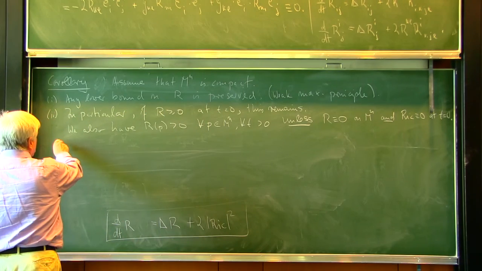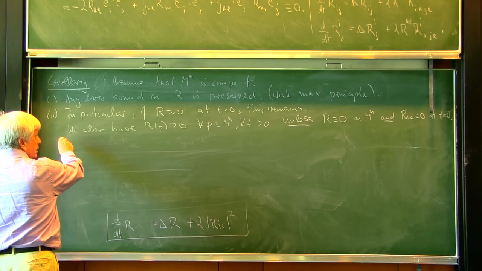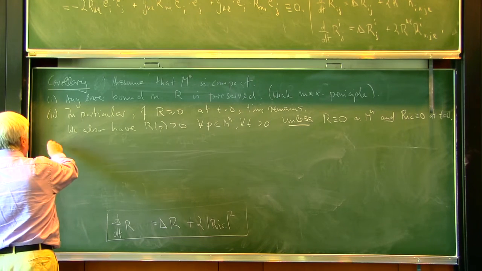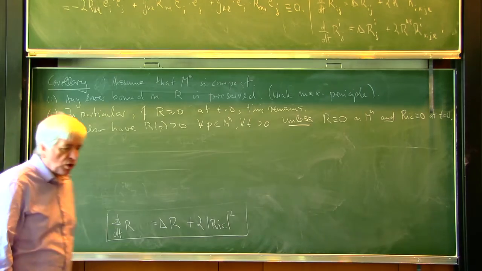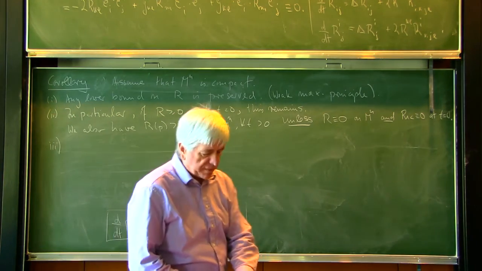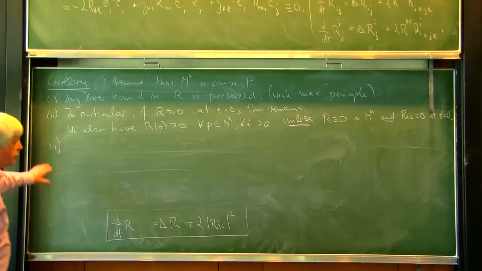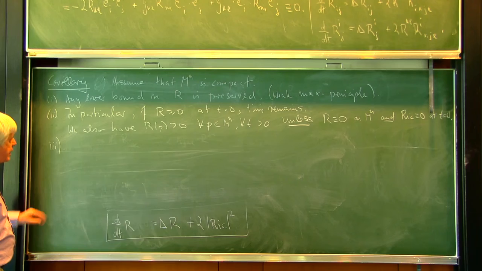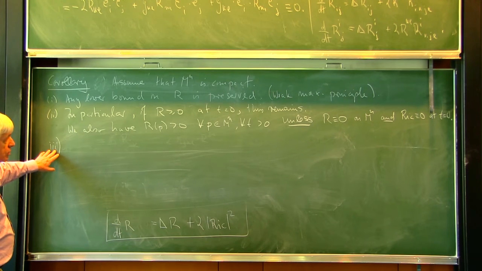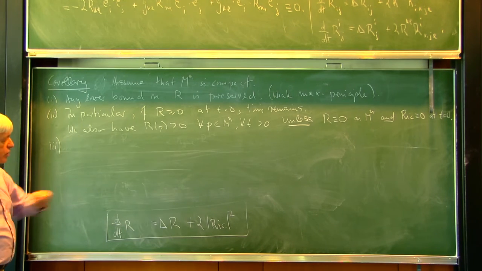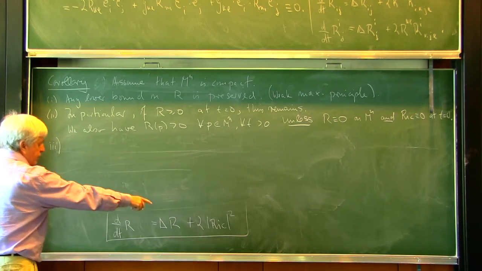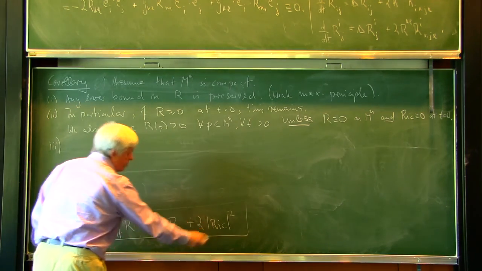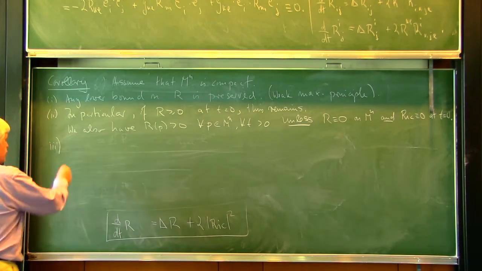Okay. There will be many more such rigidity statements in the future for Ricci flow. They are crucial for understanding the flow. So now we can make more quantitative statements because we can relate this positive term back to the scalar curvature.